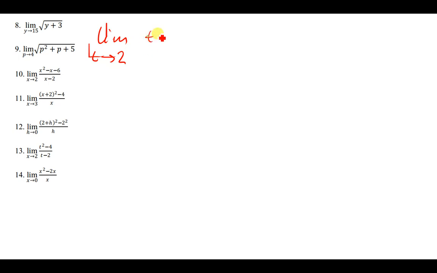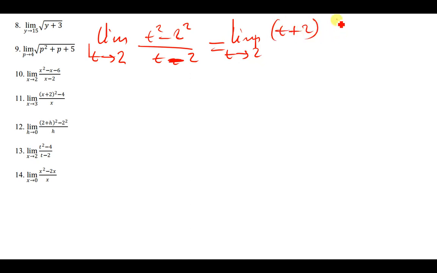So the numerator can be written as t squared minus 2 squared, which is the difference of two squares. So we have t minus 2, which can also be written as the limit as t approaches 2 of (t plus 2)(t minus 2), everything over t minus 2.